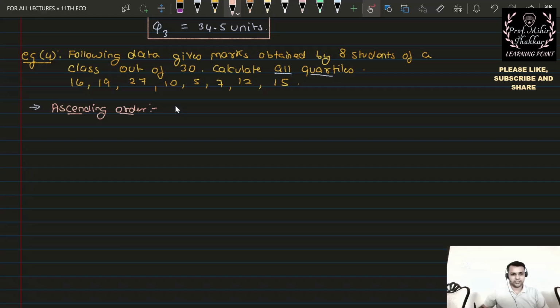So over here the smallest value is 5, then 7, then it is 10. Then we are having 12, 15, 16, 19 and 27.